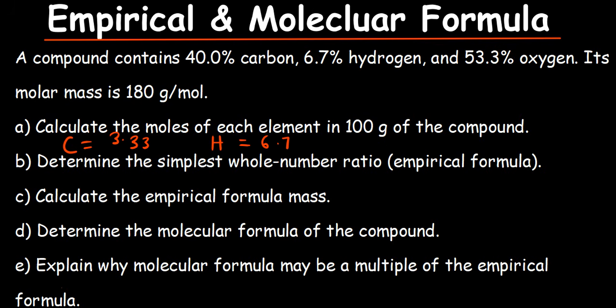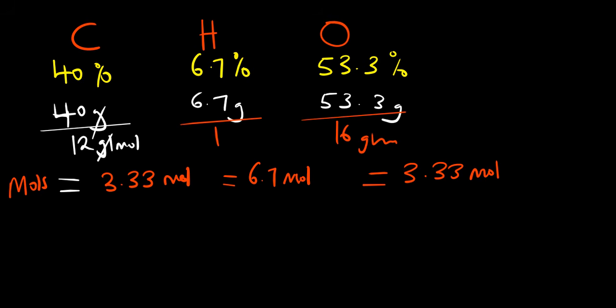We found that it is the same as the carbon. Okay, so that is what we have. Then B, we're told to determine the simplest whole number ratio. Whatever we have, we now have to find the ratios. To find the whole number ratios, we're going to divide everything by the smallest.